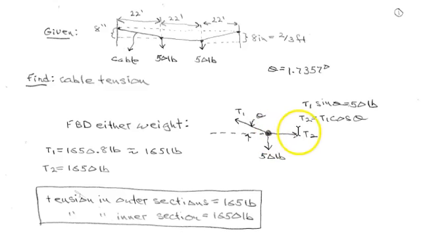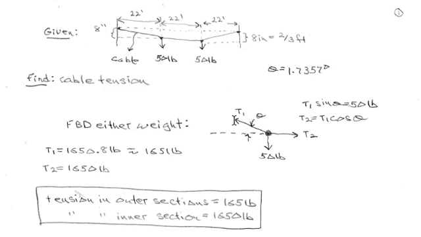We have tension 2, which is the tension between the two weights. So we basically sawed the cable in half and represented its resultant force with just some tension. We'll call it T2 because we don't know what it is. And then we did the same thing with the cable going to the left-hand wall, and we're calling it T1. Now we know its direction. So we know it's pointing at an angle of theta, which is 1.7357 degrees, upward and to the left.